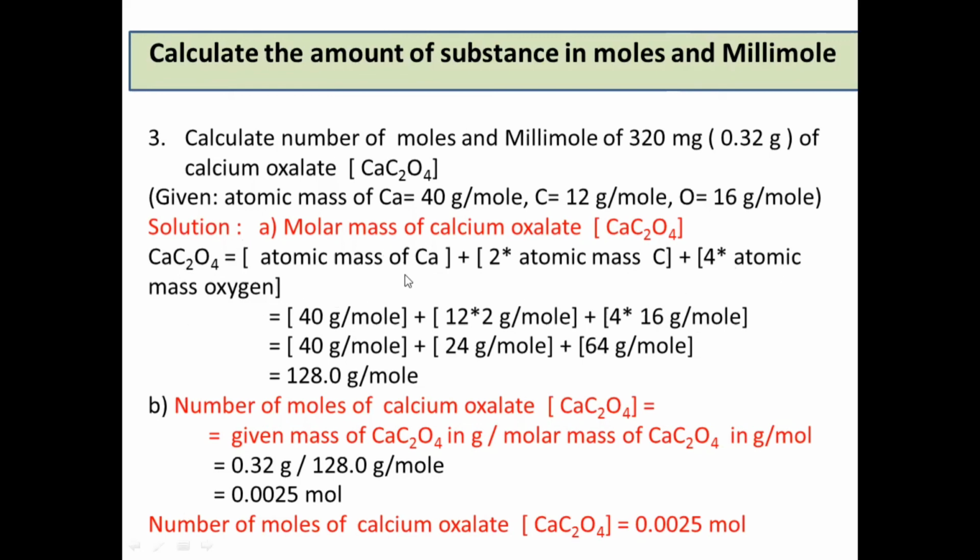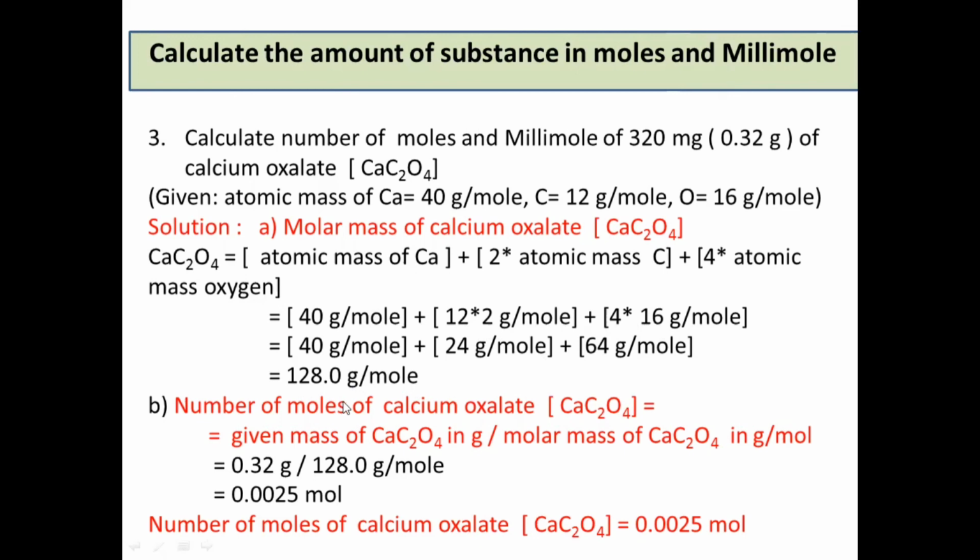So 40 plus 2 into 12 plus 4 into 16 gram per mole. When you do the summation, the answer is 128.0 grams per mole. So the important point is that calcium oxalate has a molar mass of 128 gram per mole.